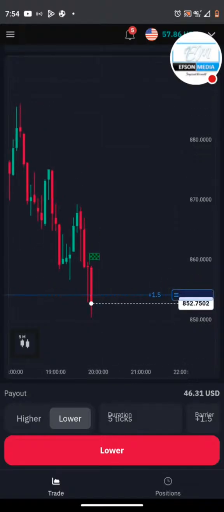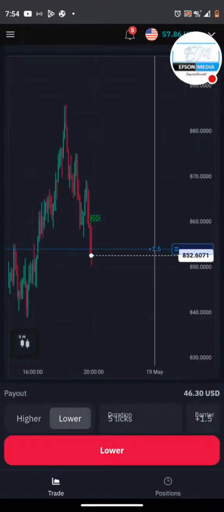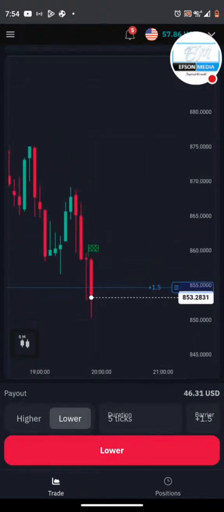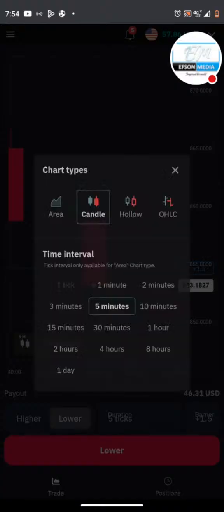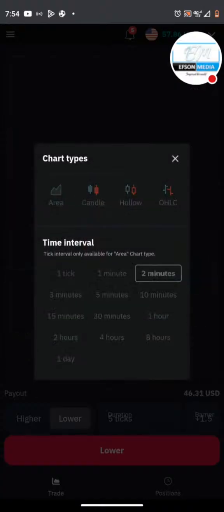Let's look at it closely. Look at the 2-minute candle.